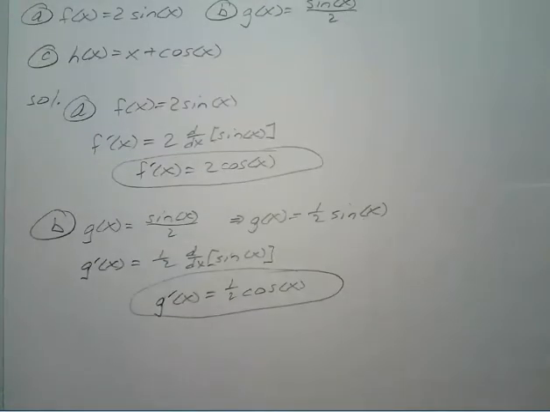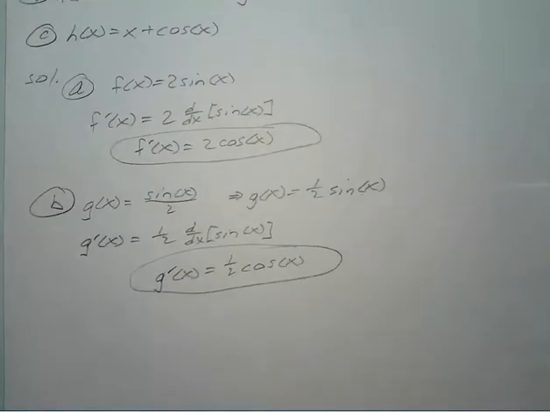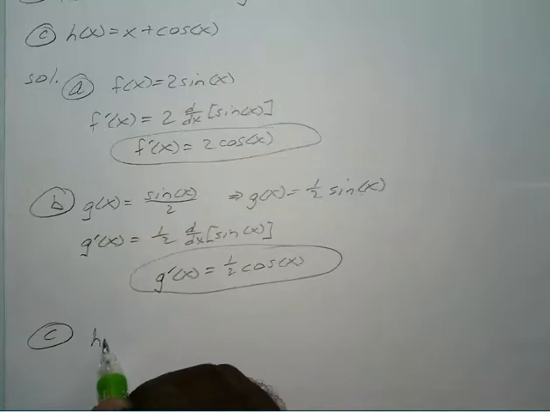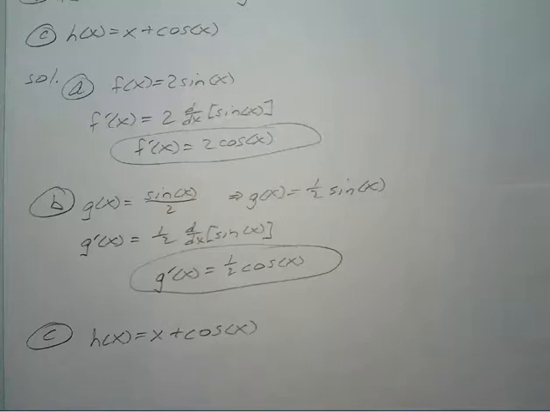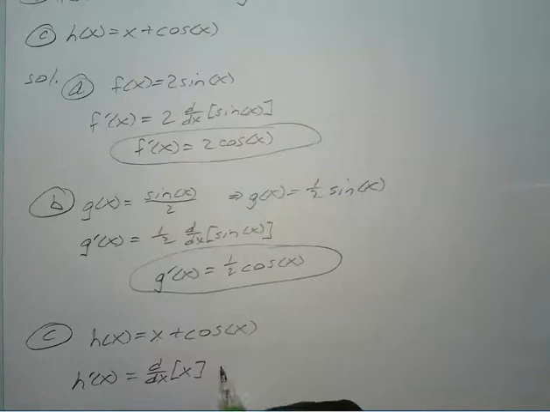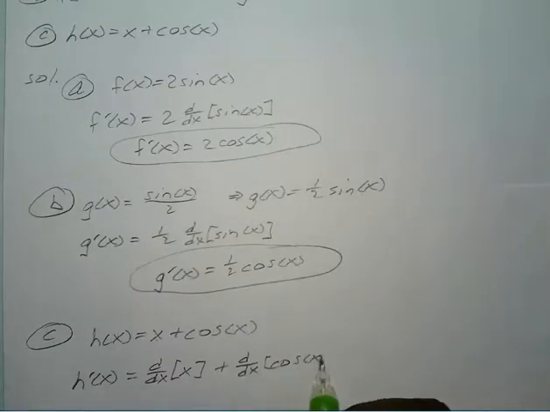Okay, so it's the same approach for C. But the only thing is here you have to look at each individual term. Okay, so h of x, which is x plus cosine of x, we know that the derivative is the derivative with respect to x of x, that first term, plus the derivative with respect to x of cosine of x.